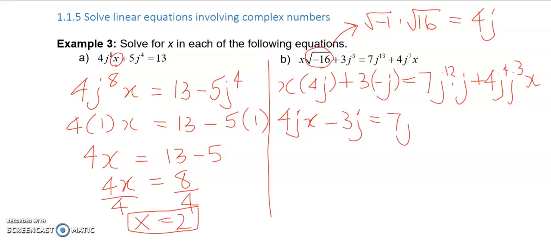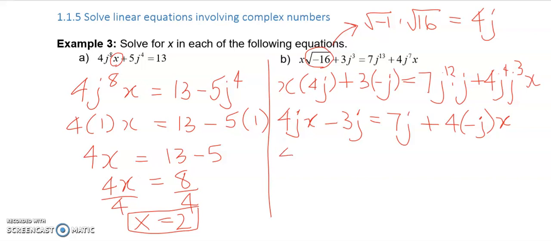So you're just left with 7j, and then plus 4, j to the 4 becomes a 1, that's gone, j to the 3 is negative j multiplied by x. So there are two terms with x's in them.